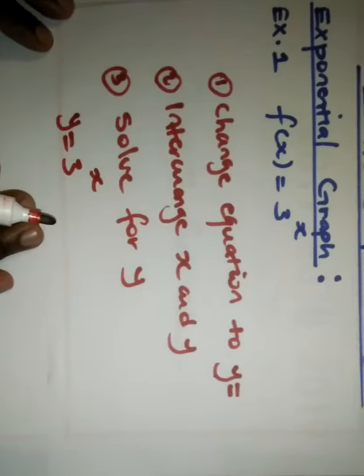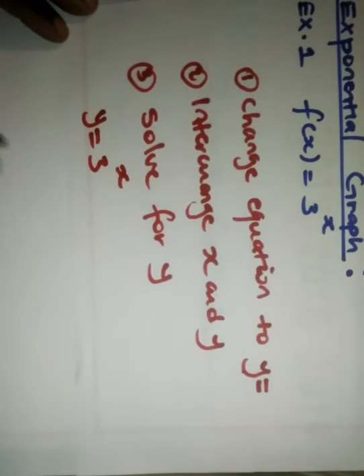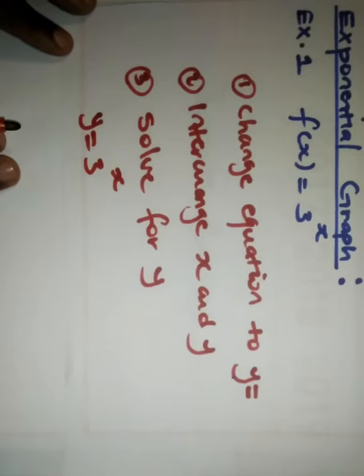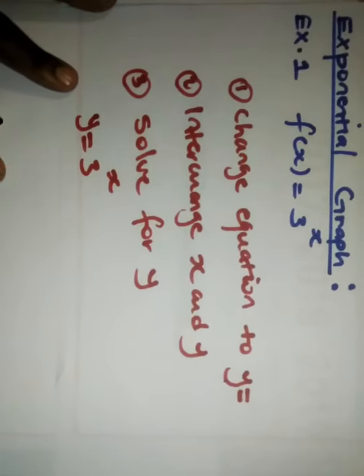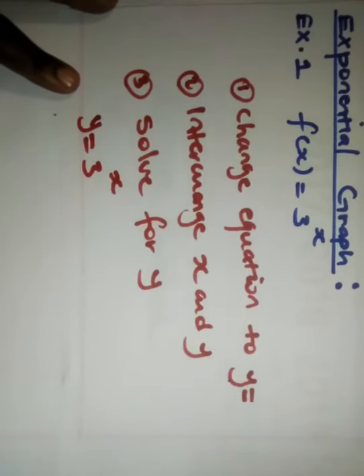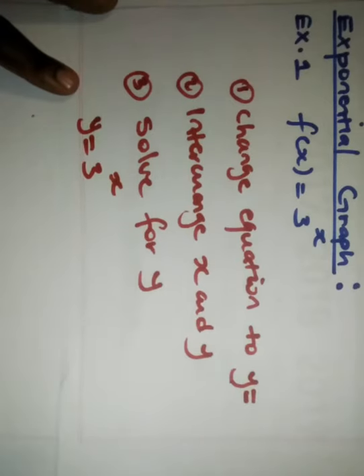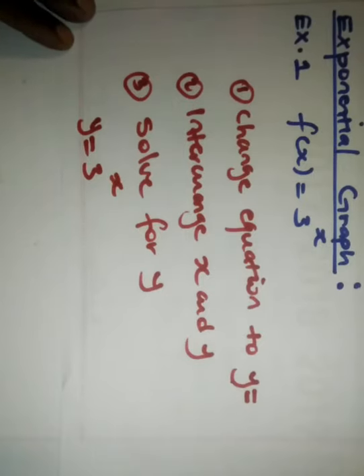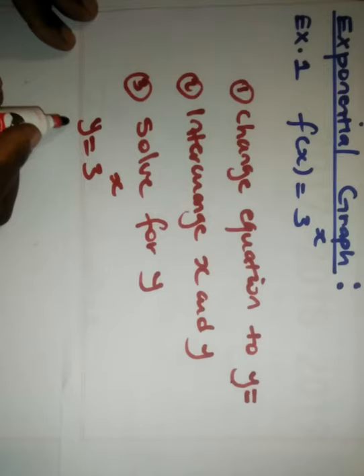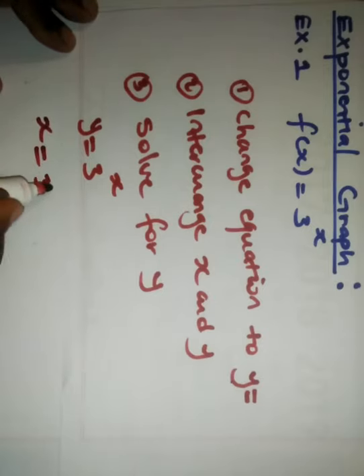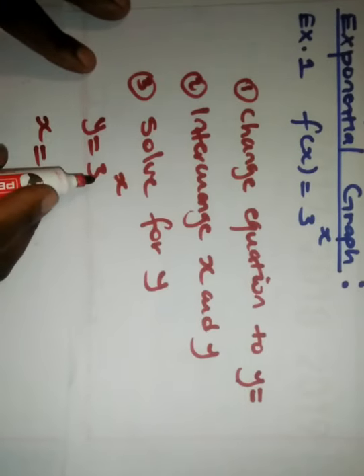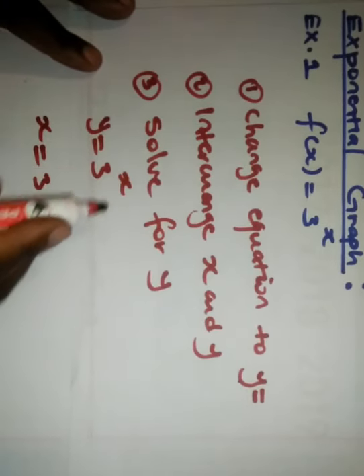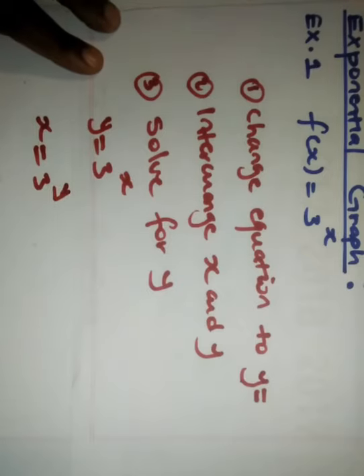Now the second step, we have to interchange x and y. So where there is x, I'm going to replace x with y, and where there is y, I'm going to replace y with x. So this is y, now it's going to be x, which will be 3 to the exponent of, and this x over there is going to be replaced by y.